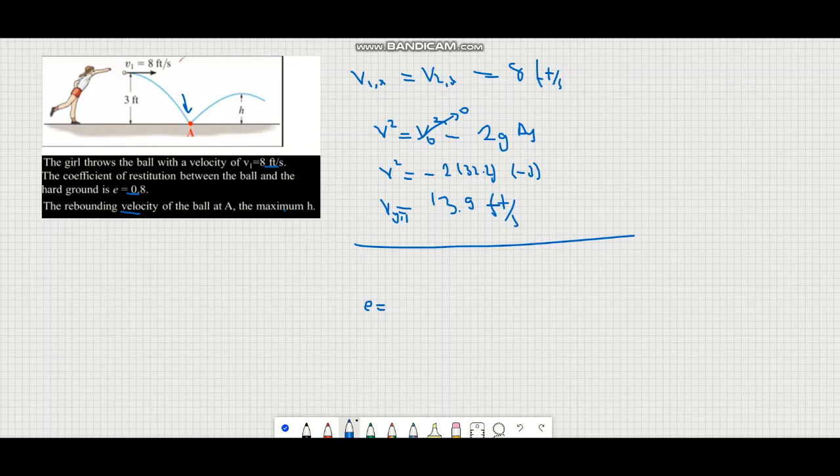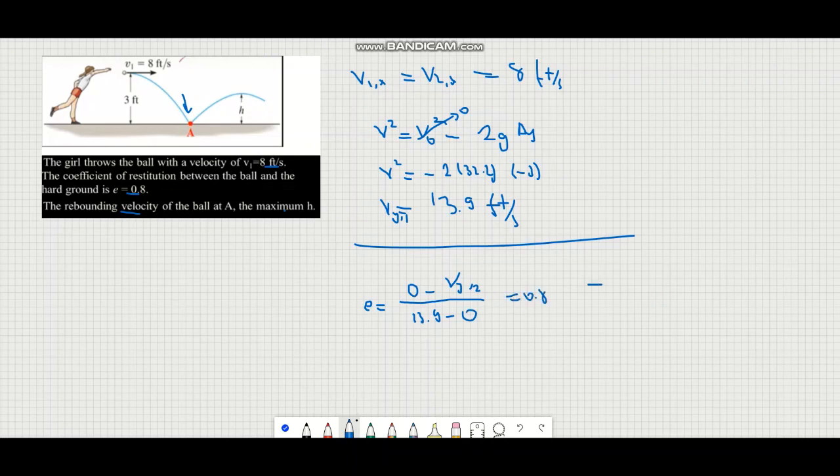The hard ground's final velocity, the ground is constant, is gonna be stuck there, so it's gonna be 0 minus the ball's second velocity, which we don't know in y direction, of course, vy2, over the first velocity of y, which is 13.9, minus the ground's second velocity, which is 0, is equal to 0.8.